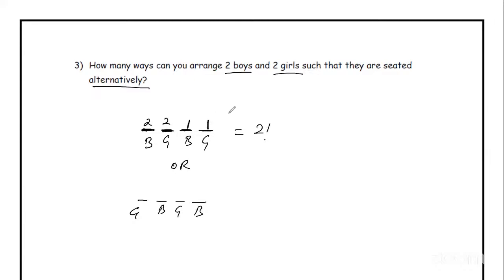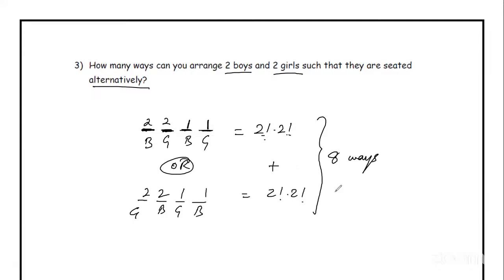So 2 factorial into 2 factorial. Or means plus. And same thing here, 2 factorial into 2 factorial. So my answer is 8. 2 twos are 4, 2 twos are 4. 8 ways of arranging 2 boys and 2 girls such that they are seated alternatively.